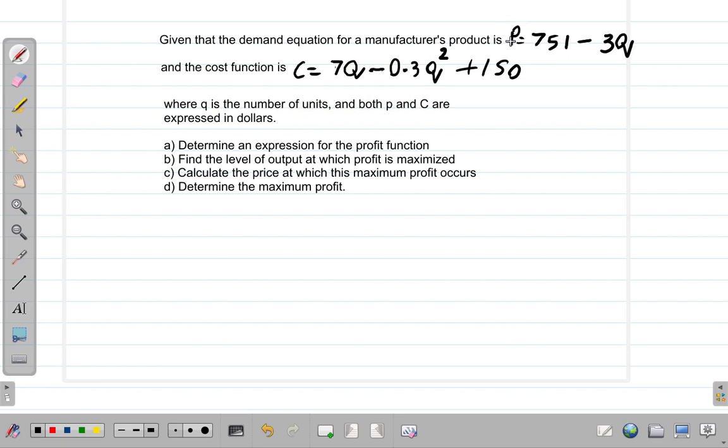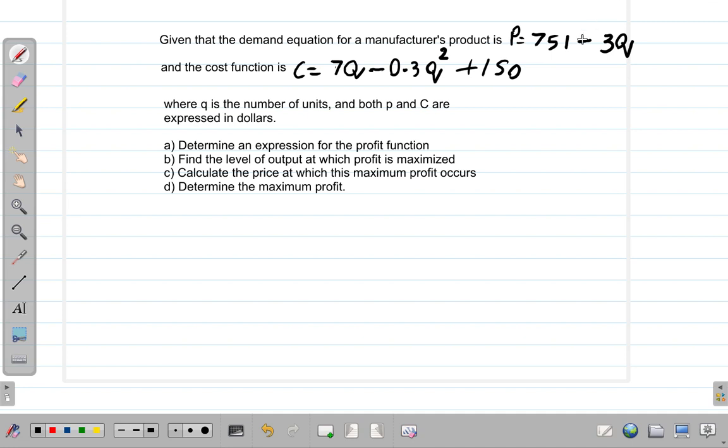P represents the price, so this is really the price function, and C is the cost. What do they say? Determine an expression for the profit function. We want the profit function.